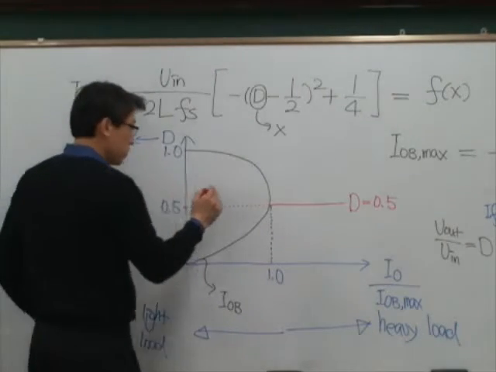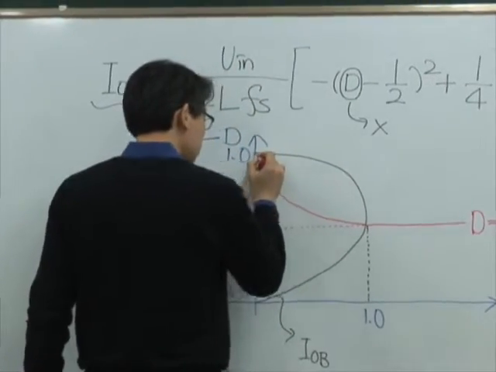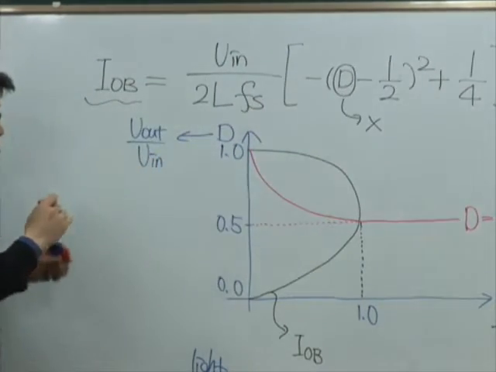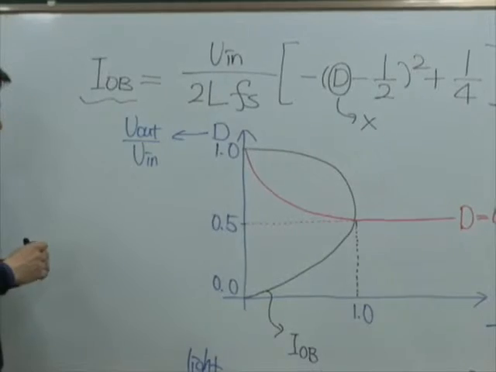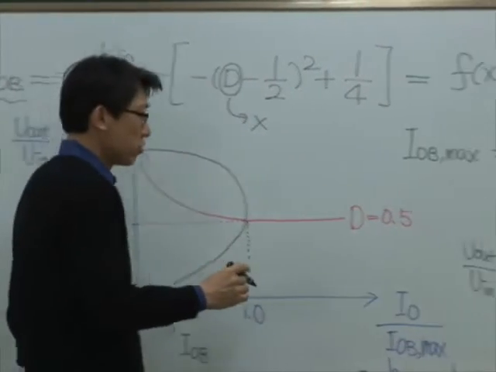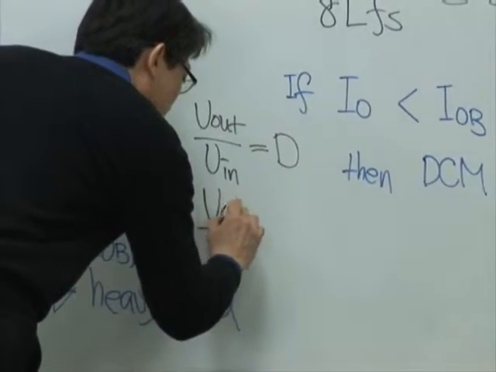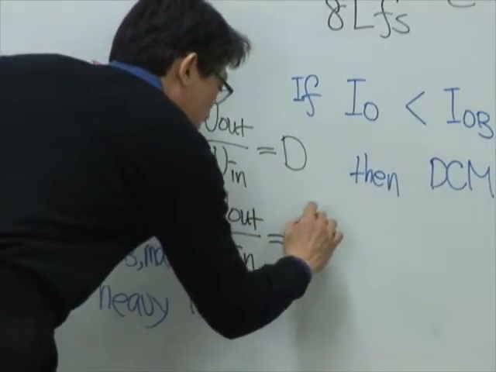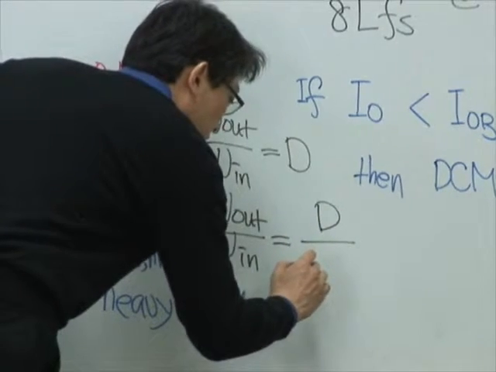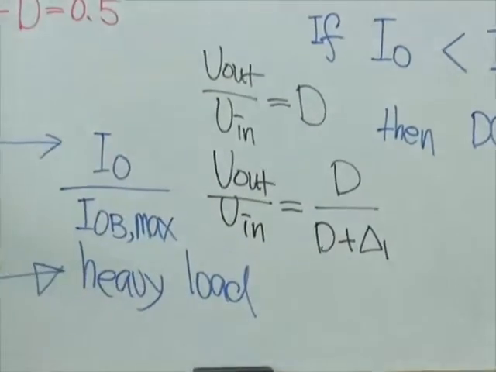Then it's going to be like this. Okay? Why? Because now the duty ratio, V input over V output, becomes D divided by D plus delta 1. Okay?